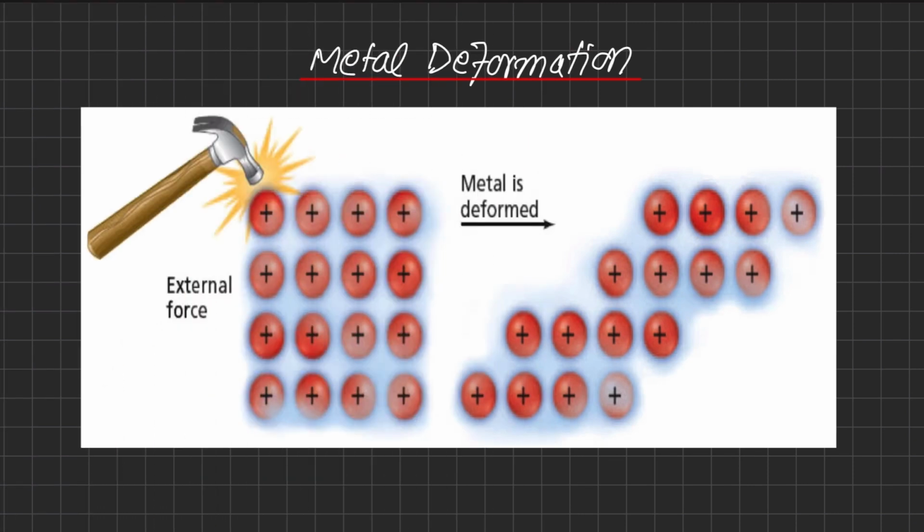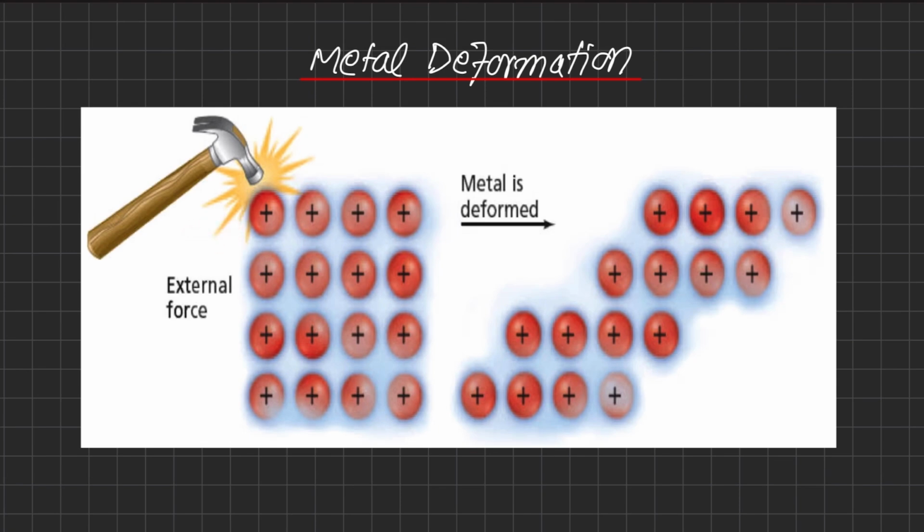We know very well that metals under the action of force can be converted into sheets or wires, which we call the ductility and malleability of metals. So how does this happen?